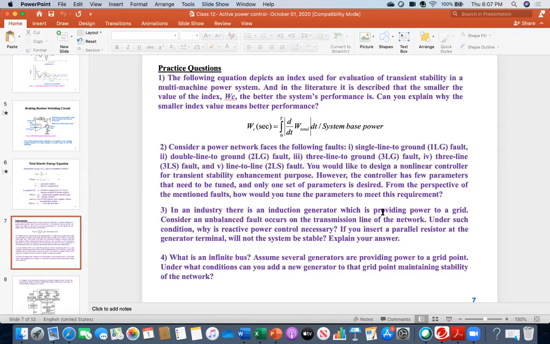The torque would be directly proportional to voltage square. So in order to compensate that torque, it has to draw a lot of current from the grid. So for that, we need some kind of reactive power control, to enhance the power factor.